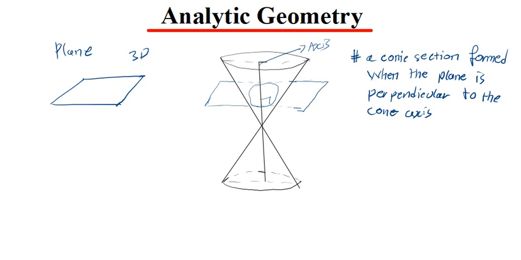So when you have this plane right here being perpendicular to this cone axis, which is this center line that you have put here, that means you have a circle.